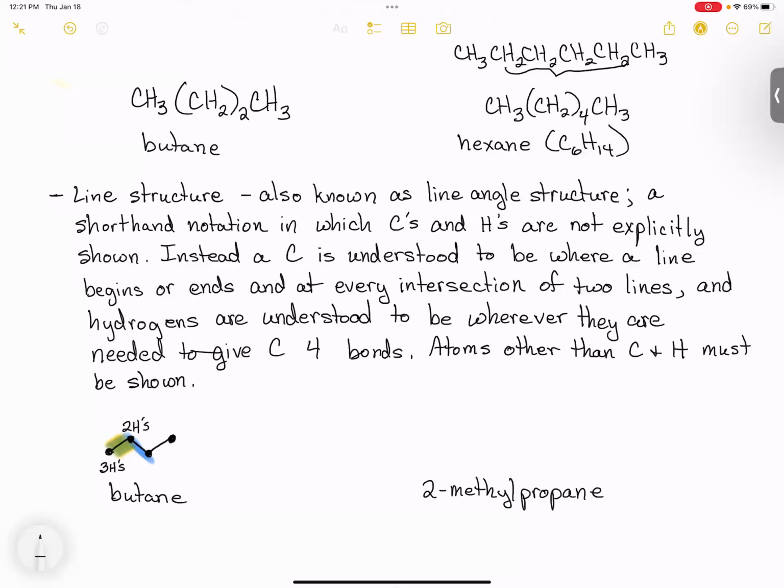So with this 2-methylpropane, if you go back up, you'll find the structure. It had a propane backbone that had 3 carbons. So 1, 2, 3. And then off of the second carbon was another methyl group. So this is actually the line structure for 2-methylpropane. And again, we can figure out the number of hydrogens because of the number of bonds needed to get to 4.